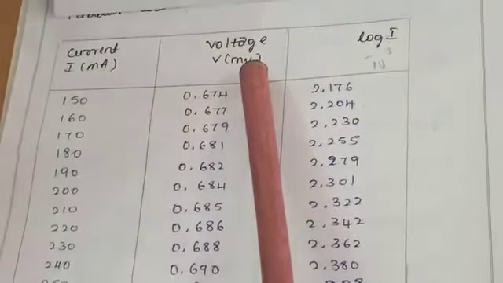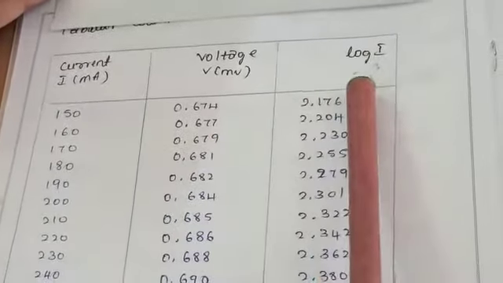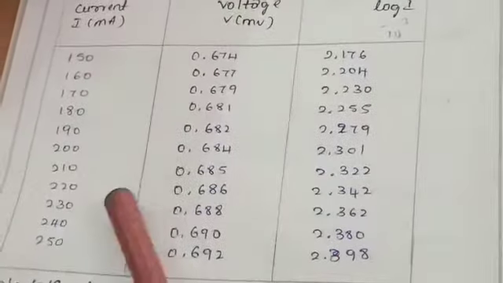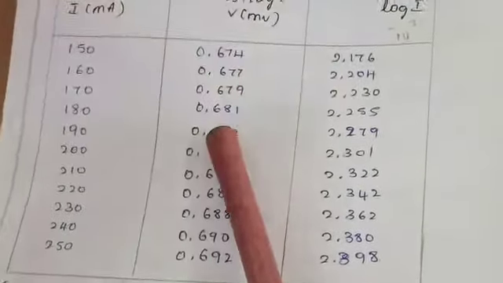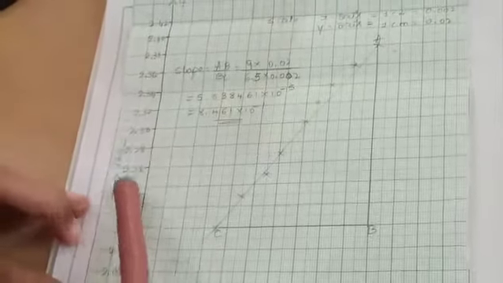The corresponding voltage will be noted by varying the rheostat, and taking the log of I, the values are noted. After taking the readings of voltage and current, the graph will be plotted. The voltage will be taken along the x-axis and the log of I along the y-axis. In this experiment, we get a linear curve by taking the value of voltage and the log of I.